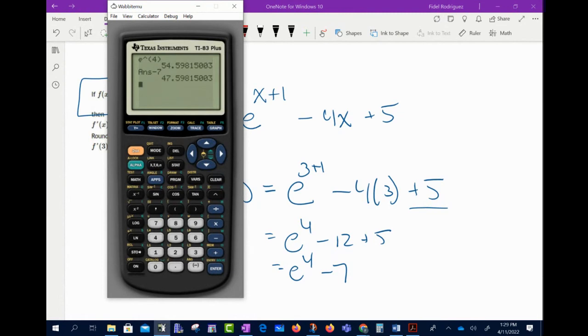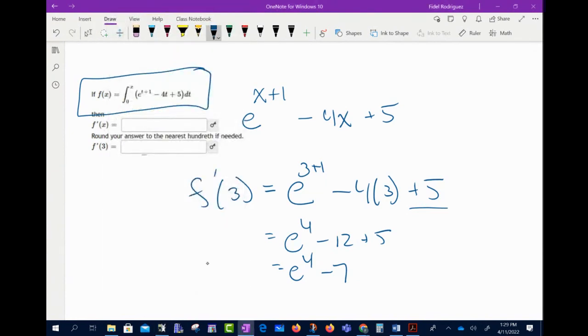So now I have, if I'm going to round this to the nearest hundredth, remember the hundredth means the second decimal place. Would I write 47.59 or would I write 47.60? There we go. So again, I'm just plugging in my values, I'm just plugging in my numbers.